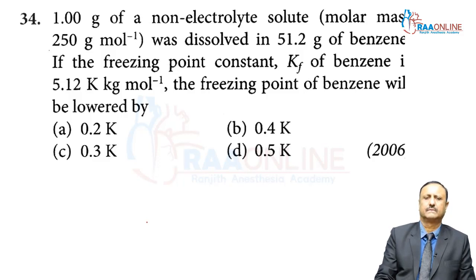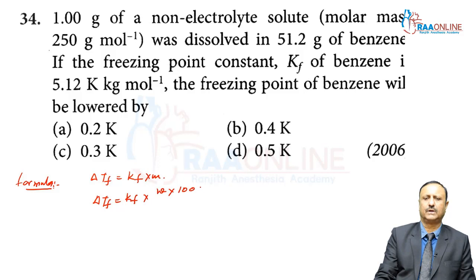Here, we can use the formula. My dear students, delta Tf is equal to Kf into molality, that is Kf into small w into 1000 upon molecular weight into capital W. Put the values. What is the value of Kf? 5.12.